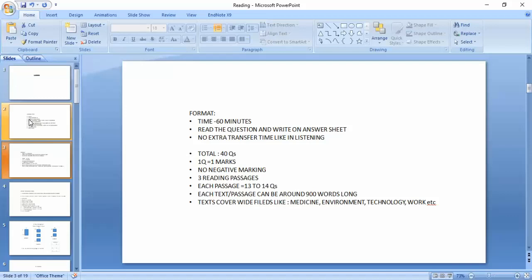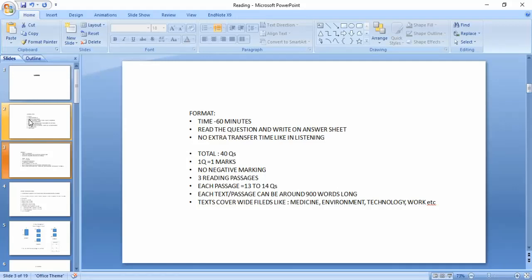But remember to write your answer against the corresponding number of questions related to that passage. Okay, that means you have to write your answers in the corresponding numbers on the answer sheet.